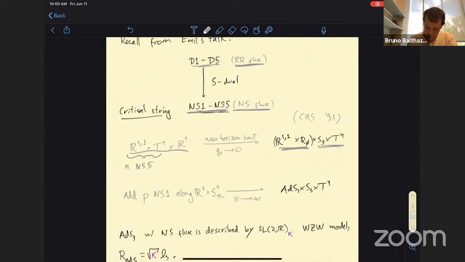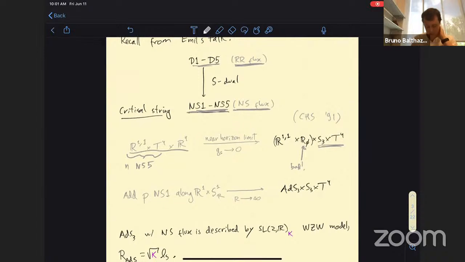The problem with the CHS background is that the string coupling diverges because of this linear dilaton direction. So this is bad, right? You can't really compute, and string perturbation theory in this background breaks down.